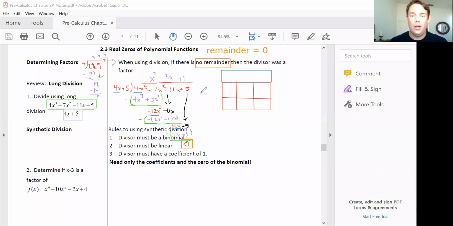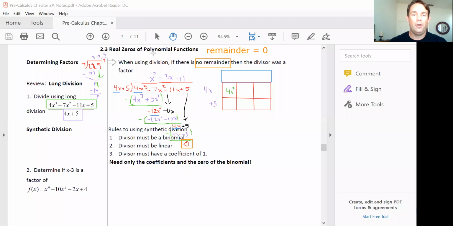First of all, I'm going to try to multiply by 4x plus 5. You can do polynomial long division if you want to, but if you don't want to, no worries. And I'm going to try to somehow multiply it where I get the 4x cubed minus 7x squared minus 11x plus 5. That means if I were to multiply it, the first term always goes in the top box here.